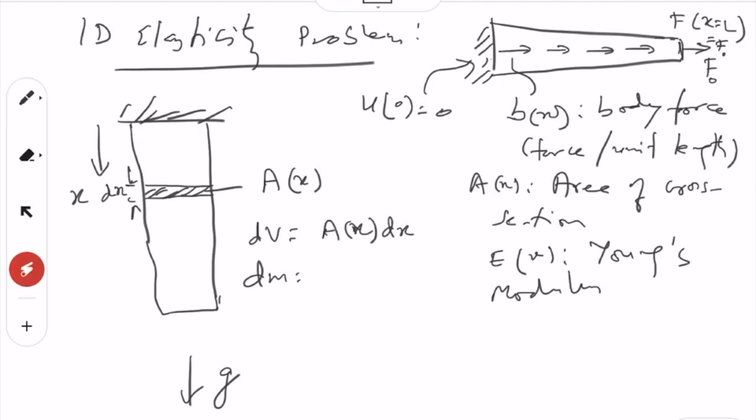And then mass for this one becomes dm equal to rho times dV, which will be equal to rho A(x) dx, okay.